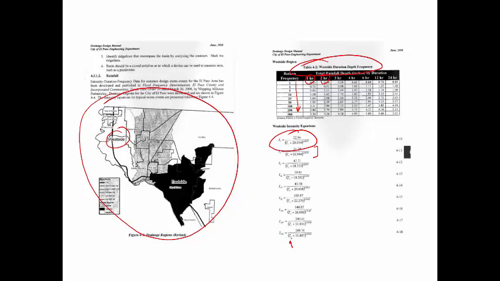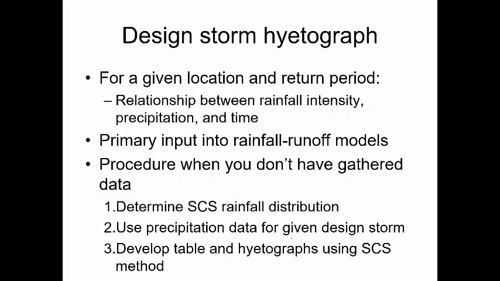I just want to show you that because many major cities have these different guidelines to look for your IDF curves, and they apply some specific ones to their city in different regions. Okay?